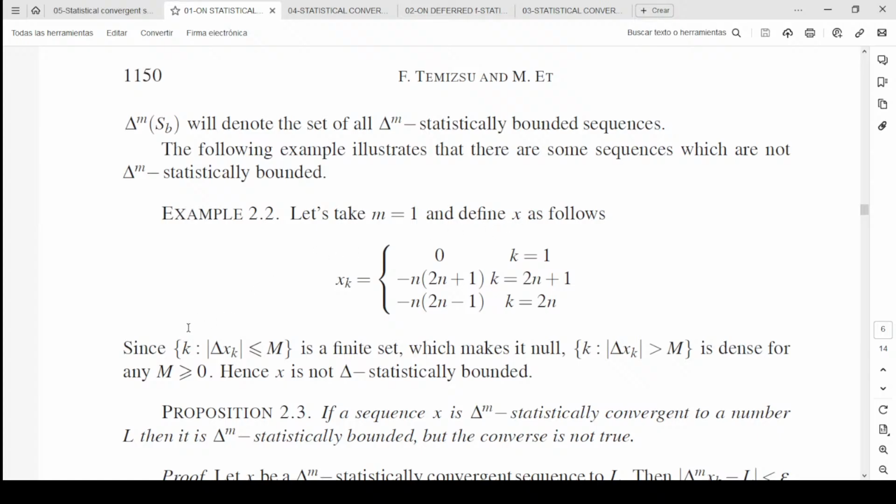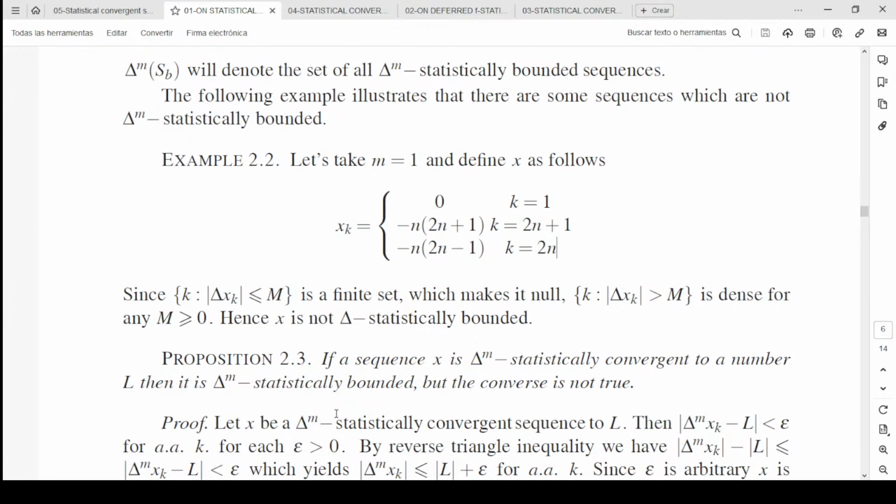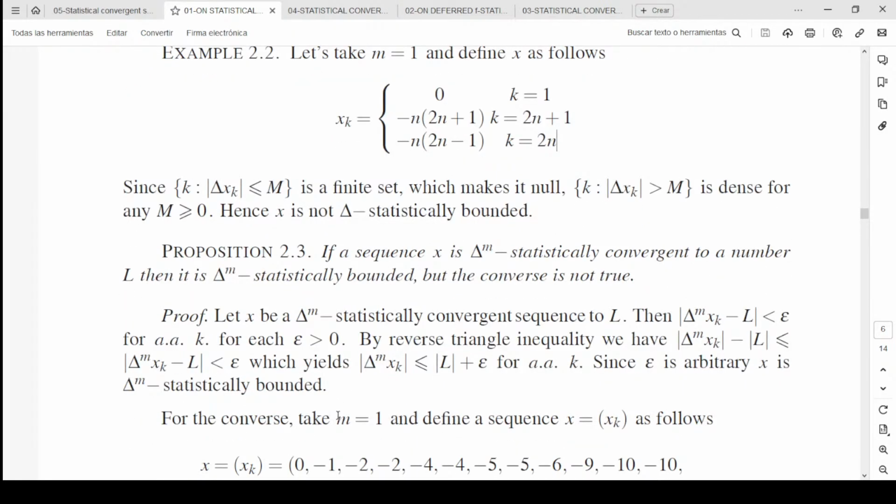For example, if we take a sequence like this, we see that this sequence is not delta statistically bounded with order 1. And we give some basic results about the relationship between statistical convergence and statistical boundedness for generalized difference sequences.